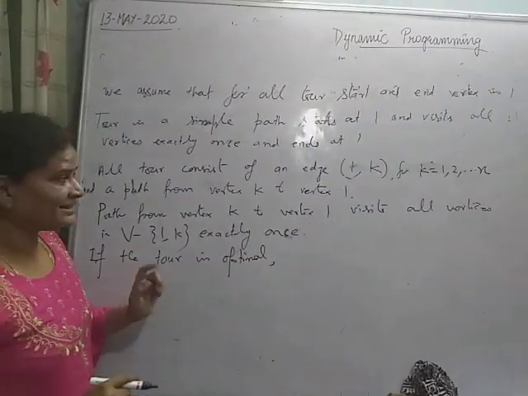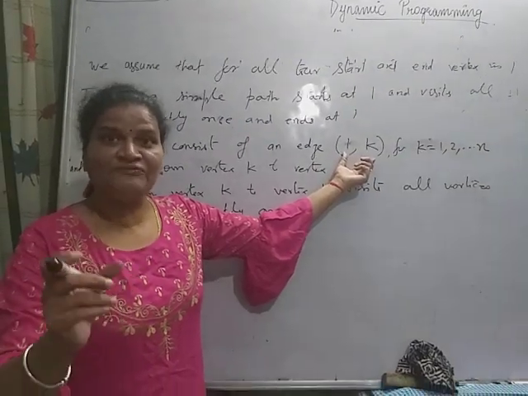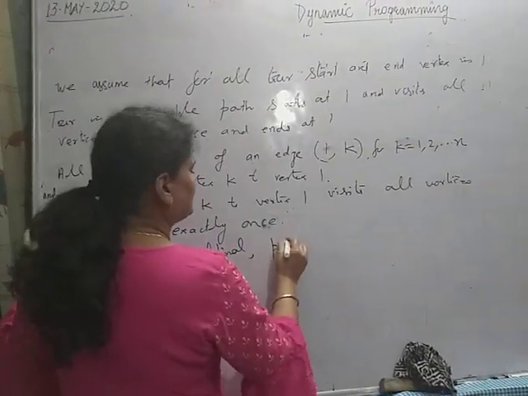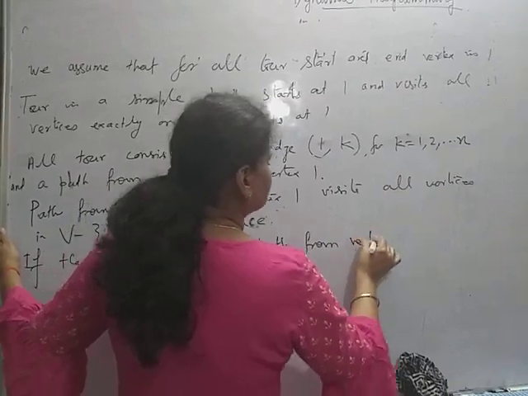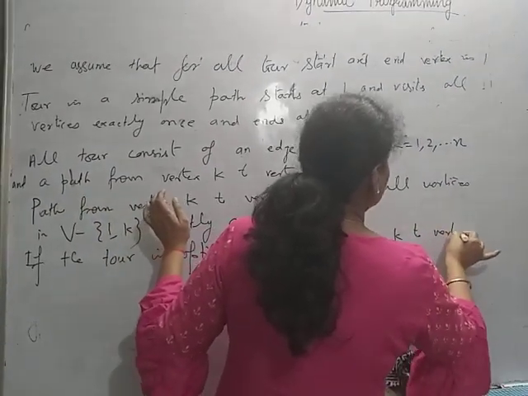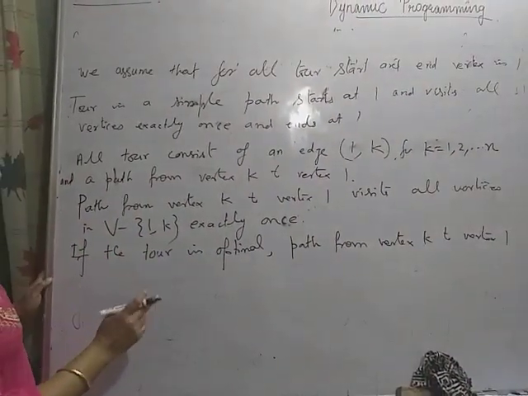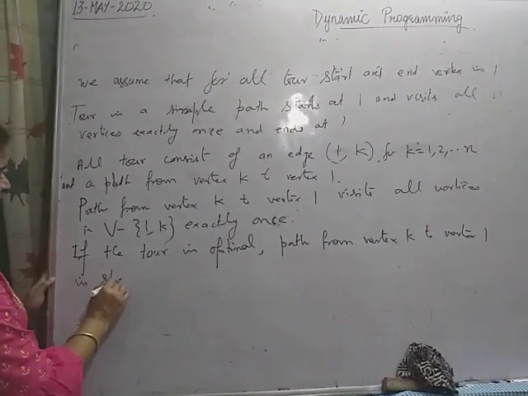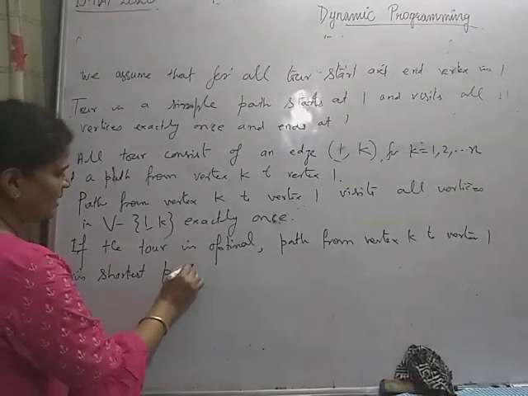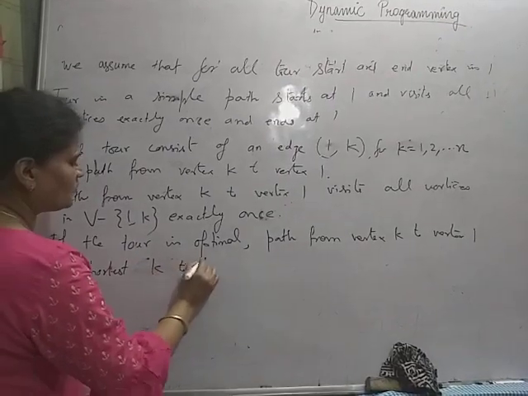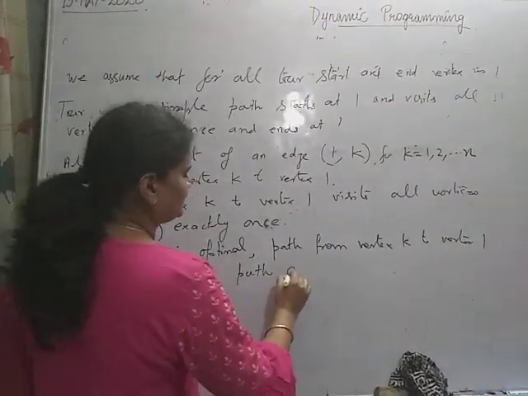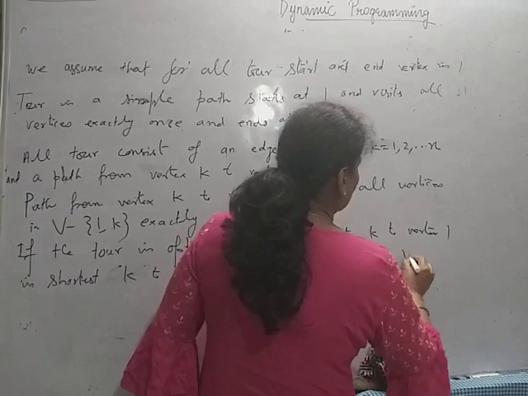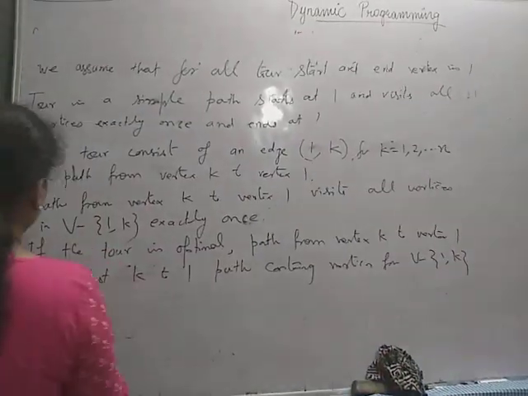If the tour is optimal, then after taking the decision for the kth vertex, 1 to k, the path from vertex k to vertex 1 is the shortest k to 1 path containing all the vertices in V minus {1, k} exactly once.